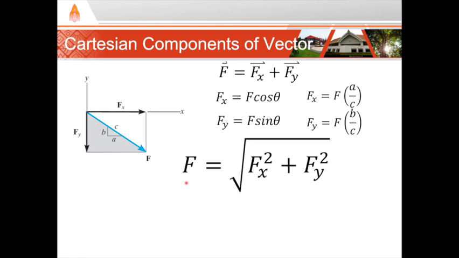And we can use the properties of a triangle. If instead we already know Fx and Fy, we can determine the magnitude of that vector F. Similarly, we can use that information to solve for the angle theta if we're trying to do that. So all of these equations here will be very useful for us, and be sure to write those down and keep those in your notebook.